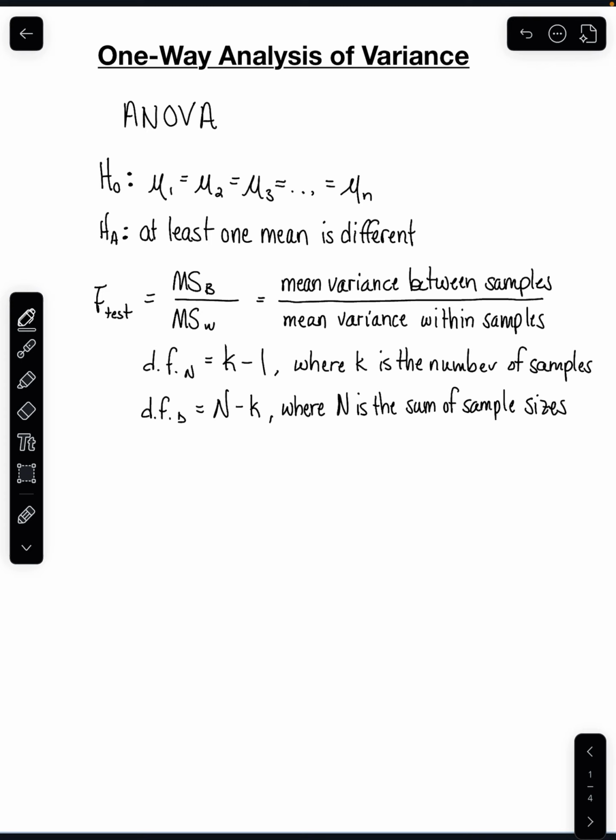Now, MS sub b and MS sub w require several steps of calculation. First, we're going to need the mean of each sample and the variance of each sample.